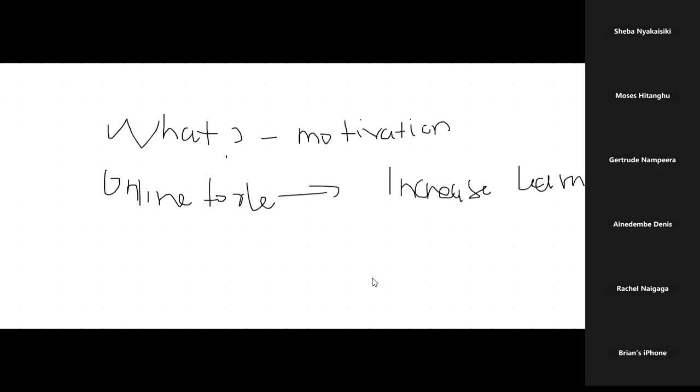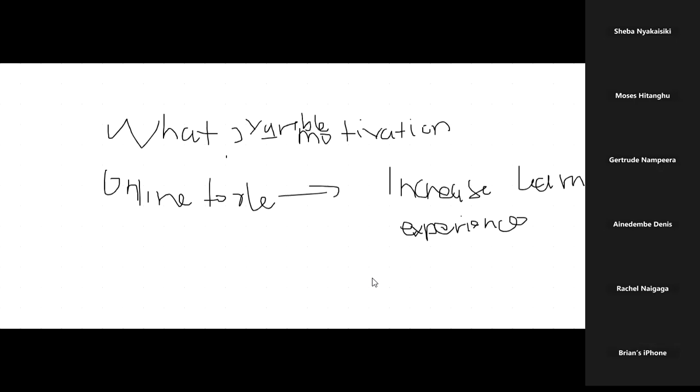Learning experience. Here, Brian, if the research question is in line with this, do online tools increase the learning experience? Already, Brian, this person is already talking about a relationship between variables, whereas this one is looking for the variables that motivate.